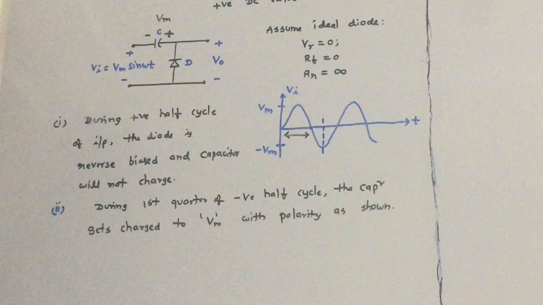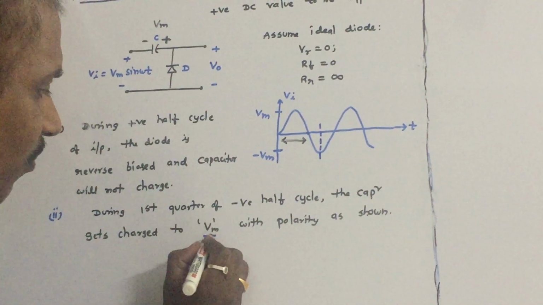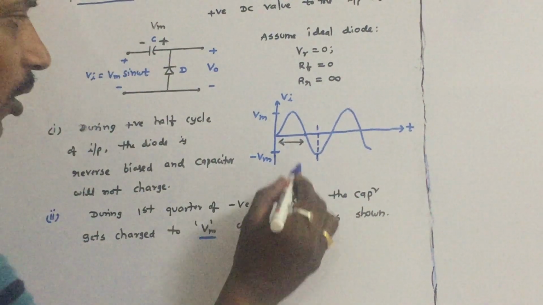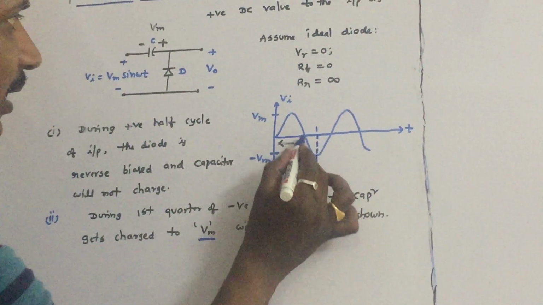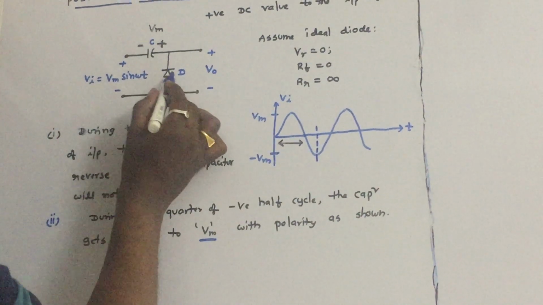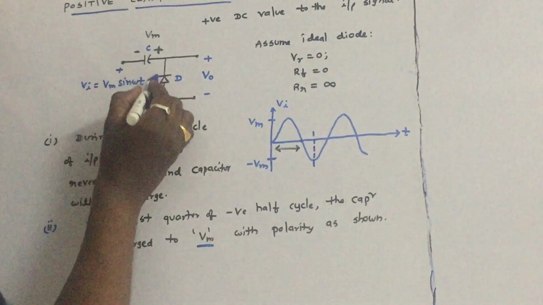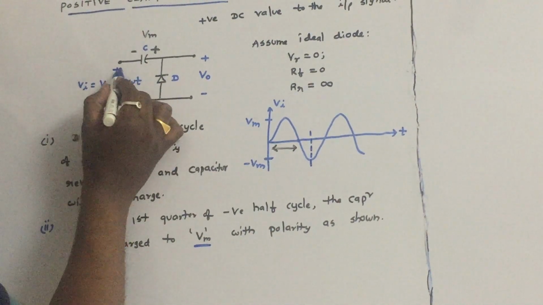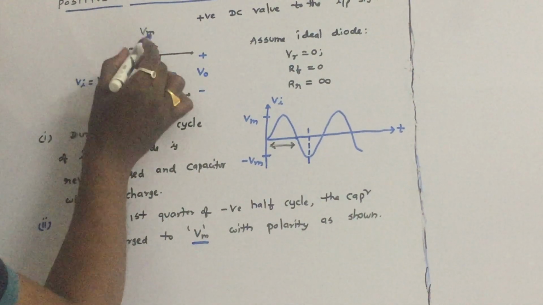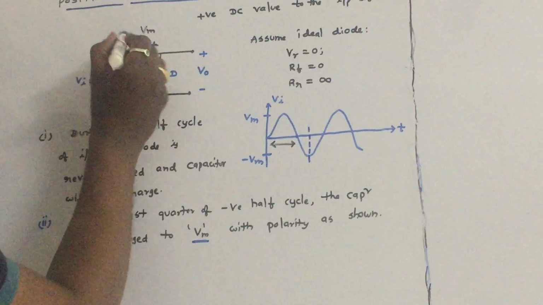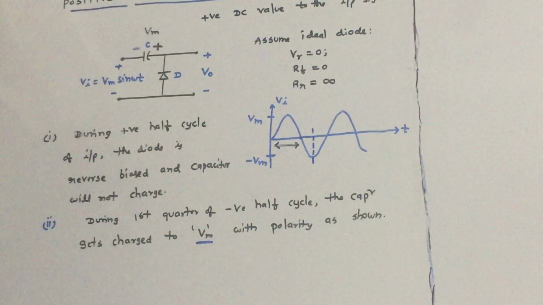Why? Because during this cycle the diode gets forward biased, so the capacitor finds a short circuit path, and therefore it quickly charges to the peak voltage Vm with this polarity. The polarity is very important in clamping operations.